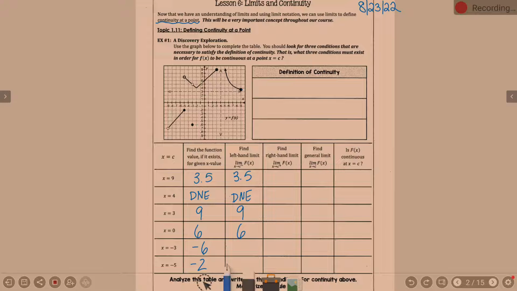As x approaches negative 3 from the left, 5. This time it's the limit, so as the graph is approaching there, you are moving towards an empty hole, but that's fine. And as x approaches negative 5 from the left, negative 2. Okay. Repeat as x approaches from the right.